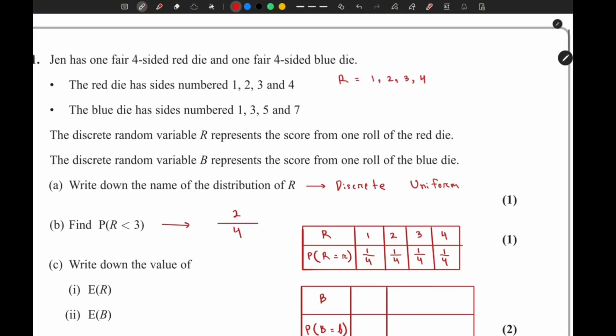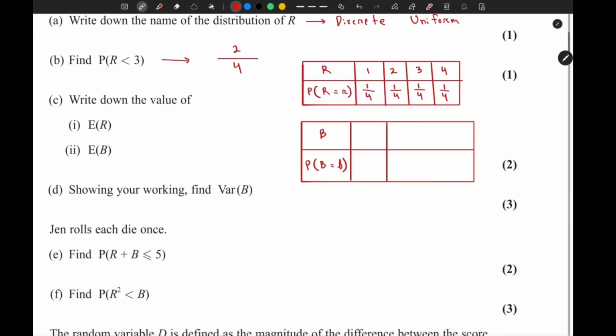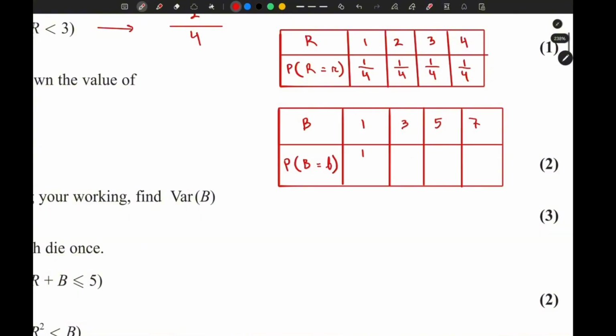The values are 1, 3, 5, and 7. So this will be 1 over 4, 1 over 4, 1 over 4, and 1 over 4.